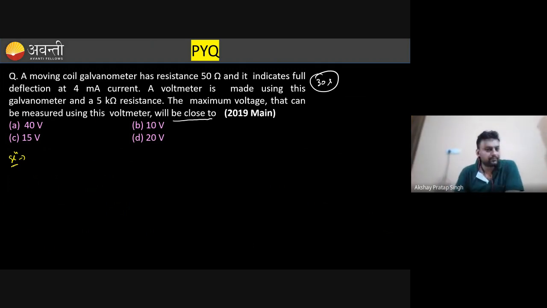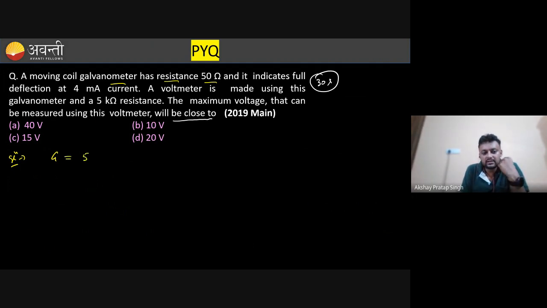Let's check the answer. They are saying there is a moving coil galvanometer that has some resistance of 50 ohm. So first of all, you should name what is given. Resistance of galvanometer is denoted by G. Now listen to me very carefully. If you have no idea, you can note down everything.